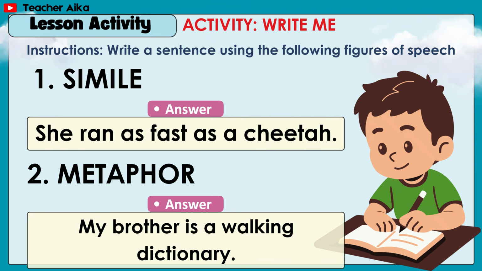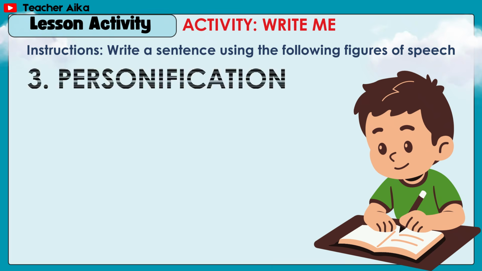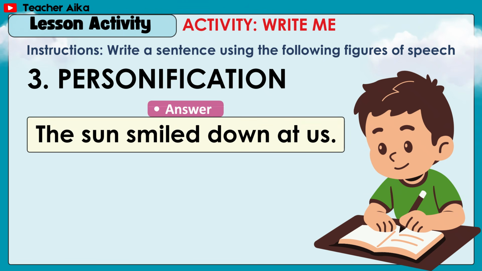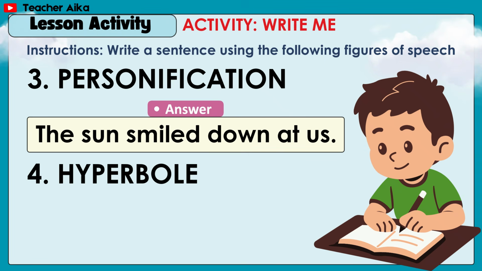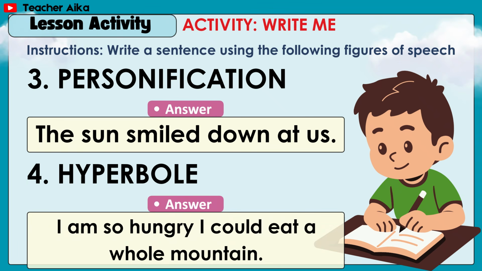Answer: my brother is a walking dictionary. Number 3, personification. Answer: the sun smiled down at us. Number 4, hyperbole. Answer: I am so hungry I could eat a whole mountain.